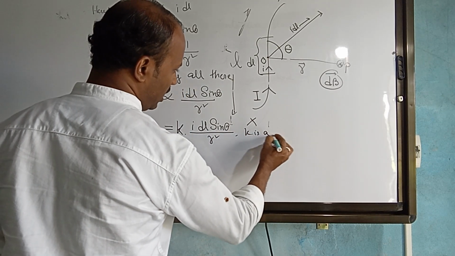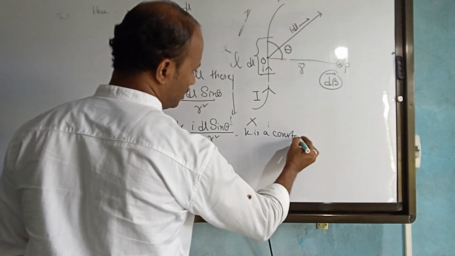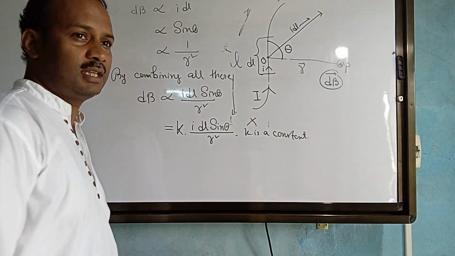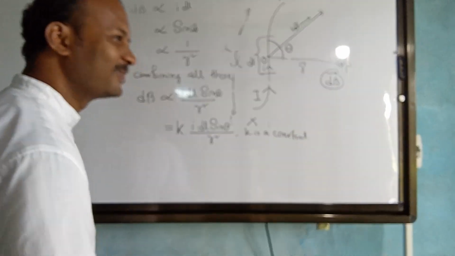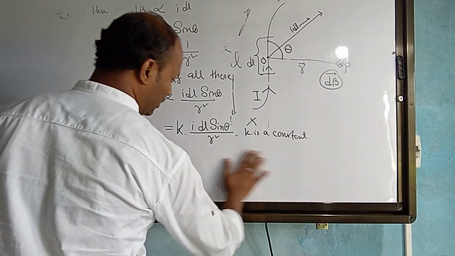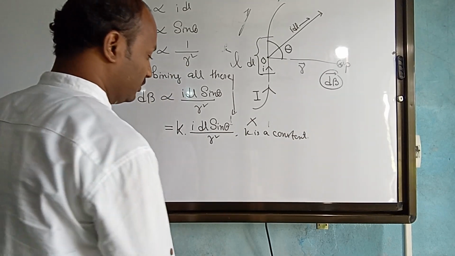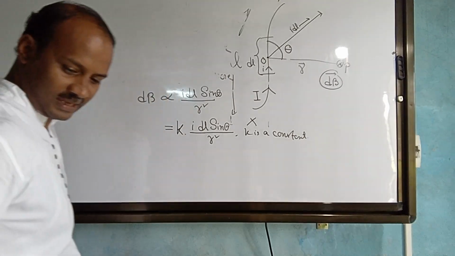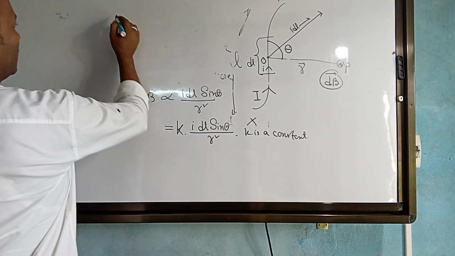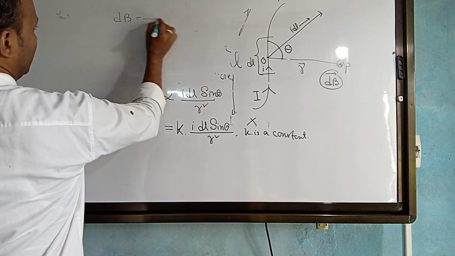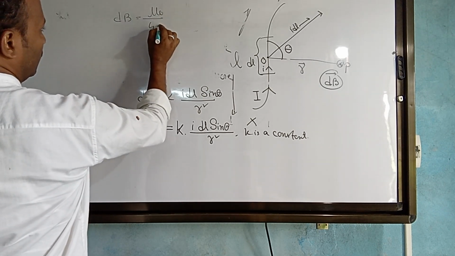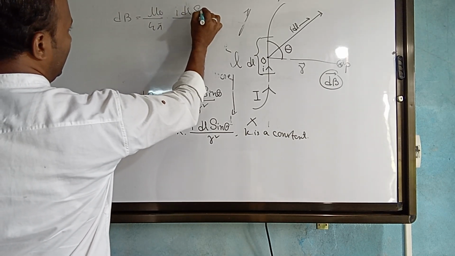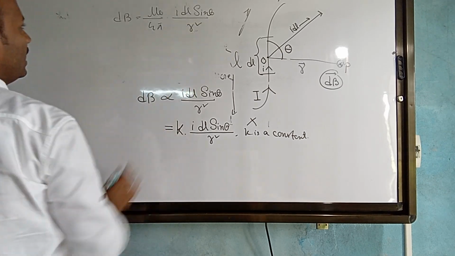K is a constant, and the magnitude of the constant k is mu naught by 4 pi. So mu naught by 4 pi into I dl sin theta divided by r square.